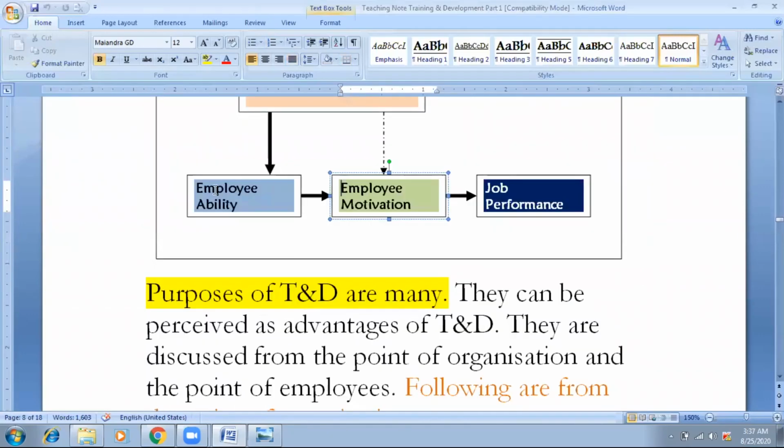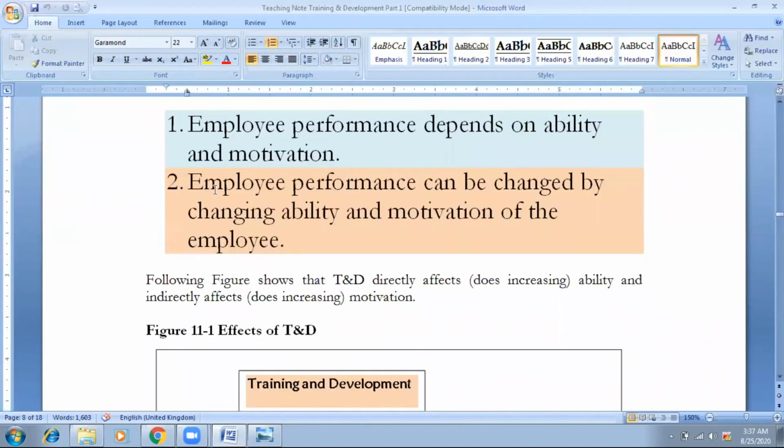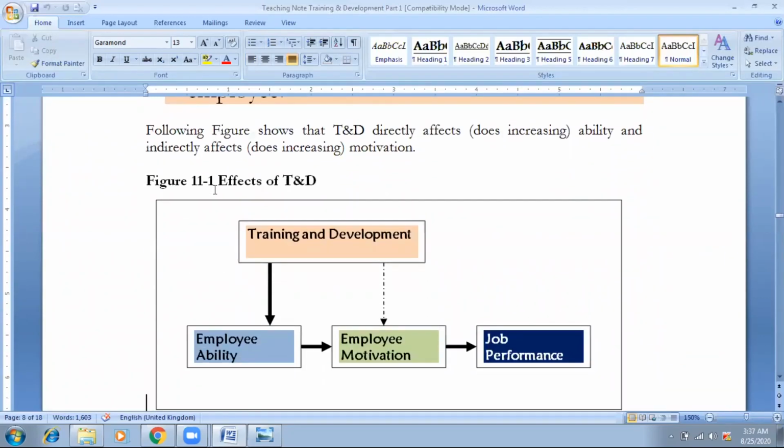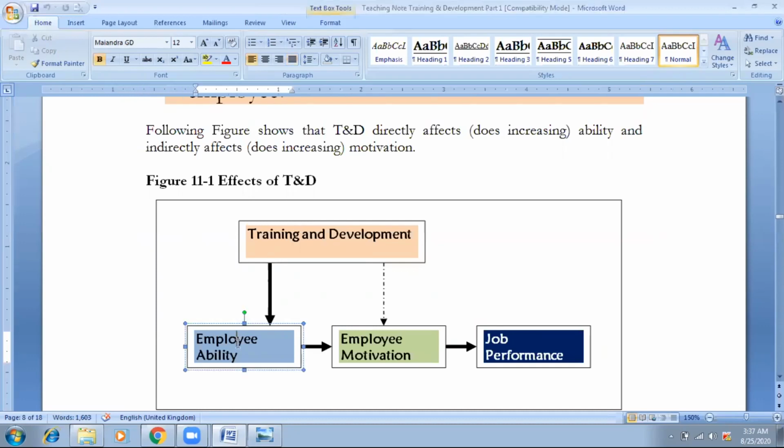Now have a serious look at this figure. Effects of T&D. Indeed, T&D directly affects ability and indirectly affects motivation. Affects means increasing. So T&D will increase employee ability directly. Also T&D will increase employee motivation indirectly.